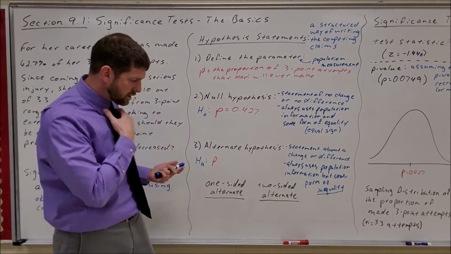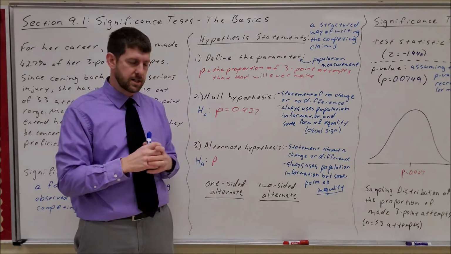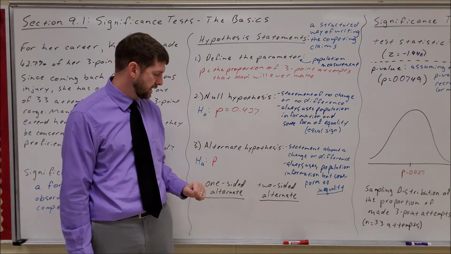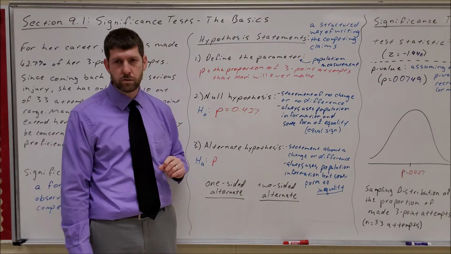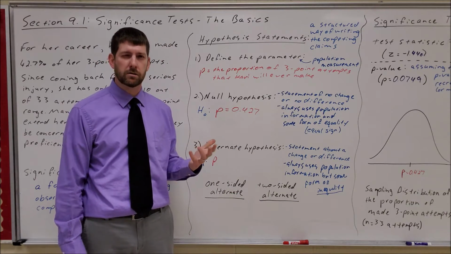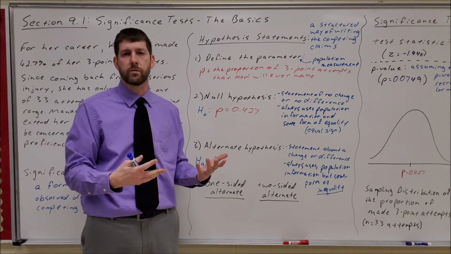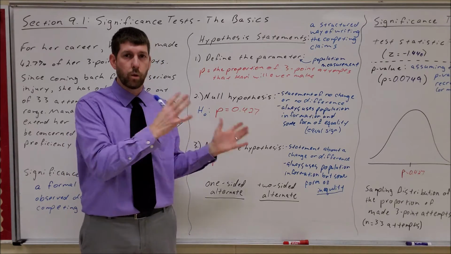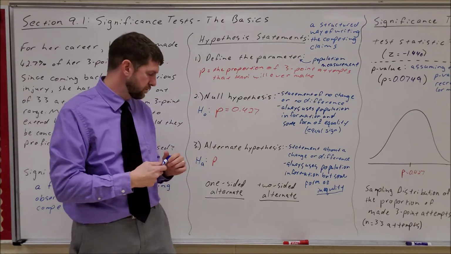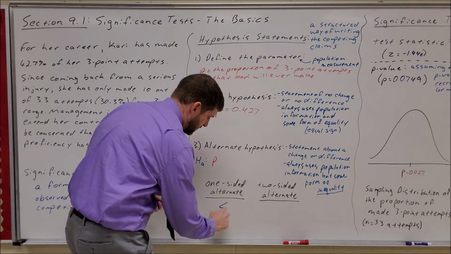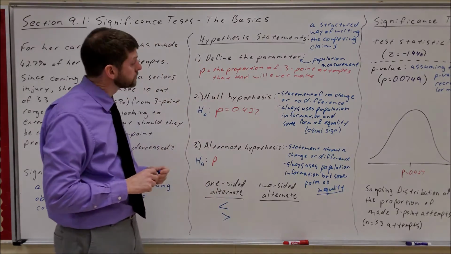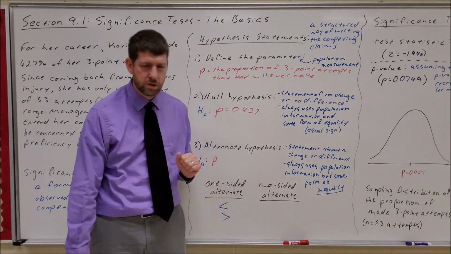So what inequalities? Well, you have two different ways that a test can go. It can be a one-sided alternate or a two-sided alternate. One-sided alternate is pretty straightforward. You're either less than what they think or greater than what they think. So we would just be using one side of our sampling distribution. Well, what do you guys think about a two-sided alternate?